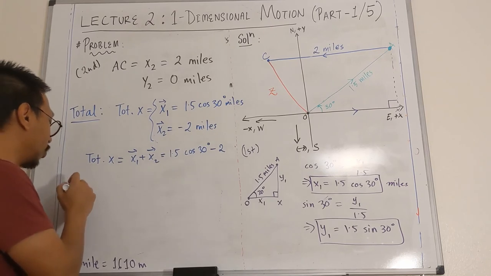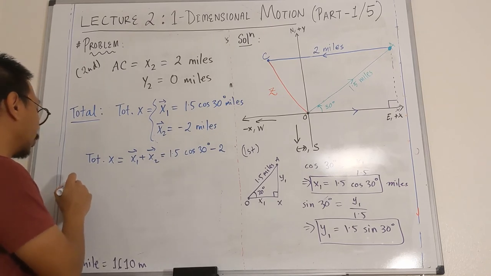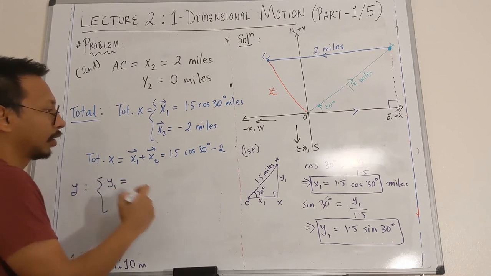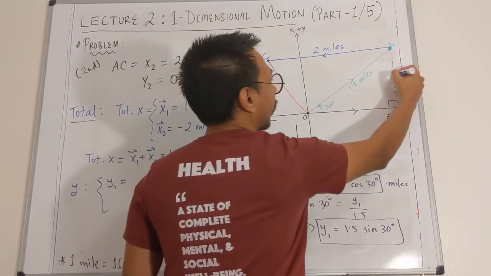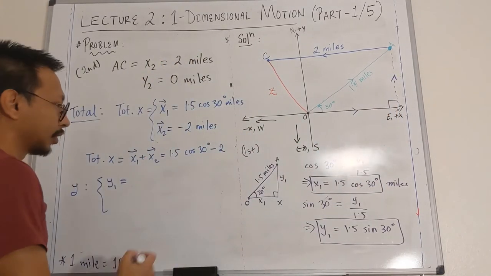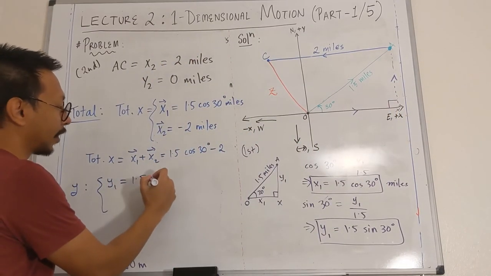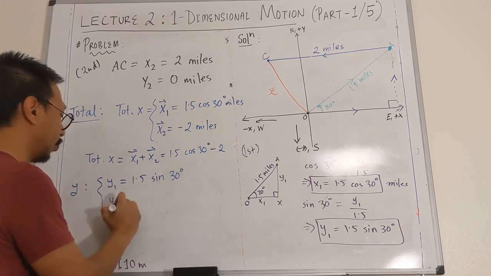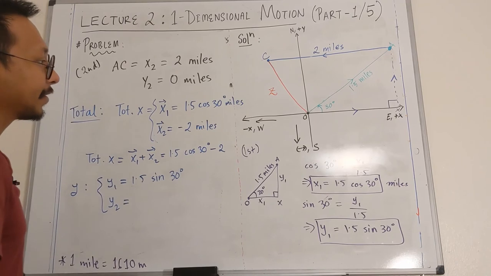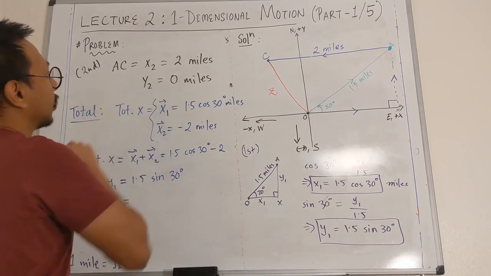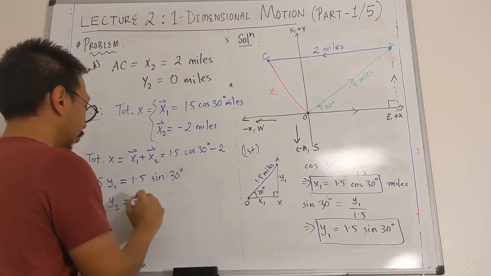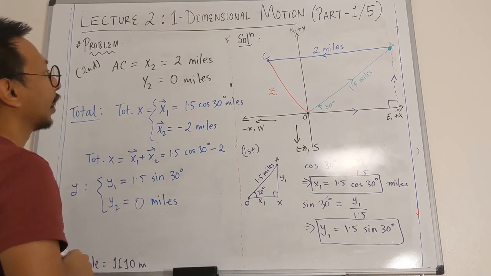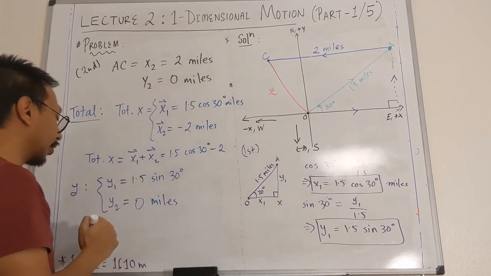Now let's move on to y. What movements do we have in the y direction? In the y we have y1, which is again in this upward direction, so this is also positive 1.5 sine 30 miles, and y2 is 0, because there was no movement in the second part of the journey in the vertical direction.